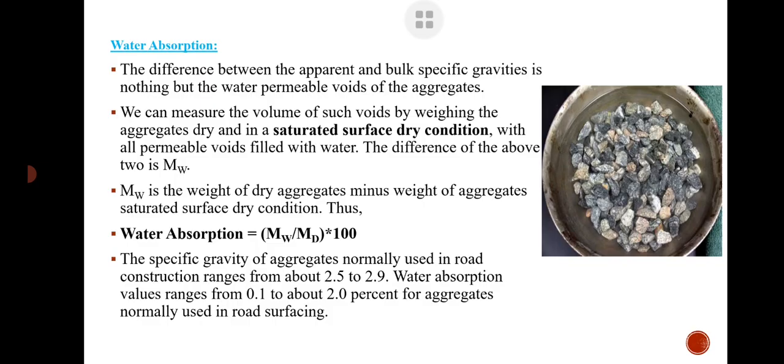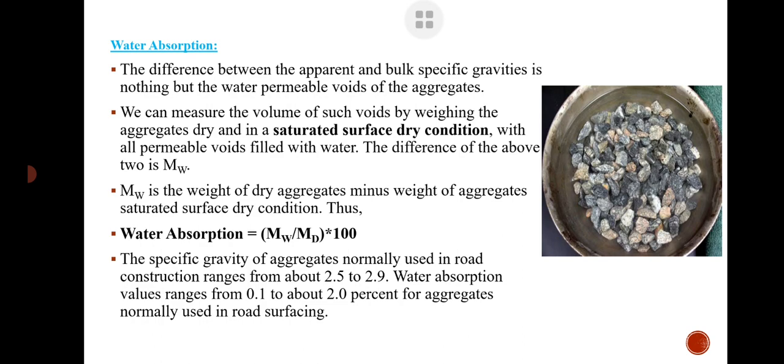Next, water absorption. Water absorption means we determine how many voids are present in the stone. If more water is absorbed, then that stone is very weak and we can't use it for construction purposes, for which we keep some aggregate in water for 24 hours.